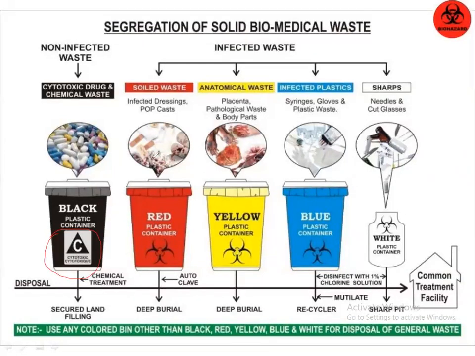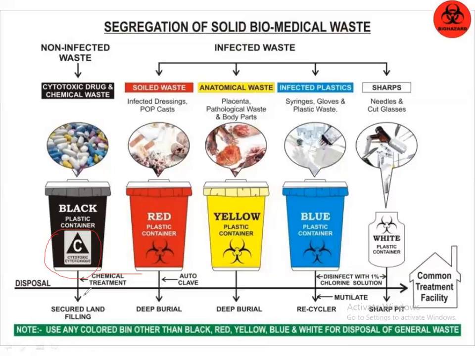After collection, what is the next process? Transportation or storage. Transportation or treatment. Common treatment facility. See this. After disposal, chemical treatment is given. Autoclaving is done. Deep burial. Secure landfilling.